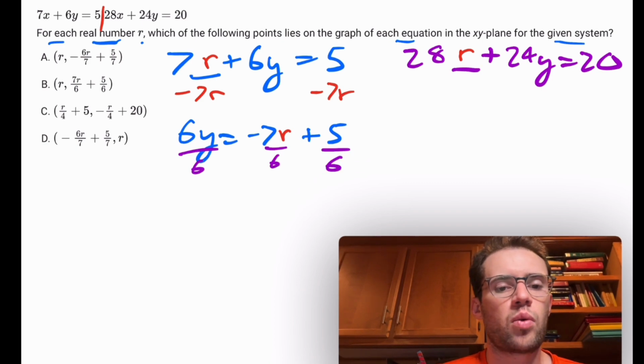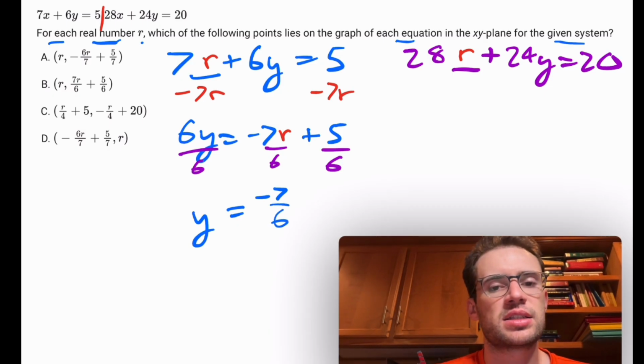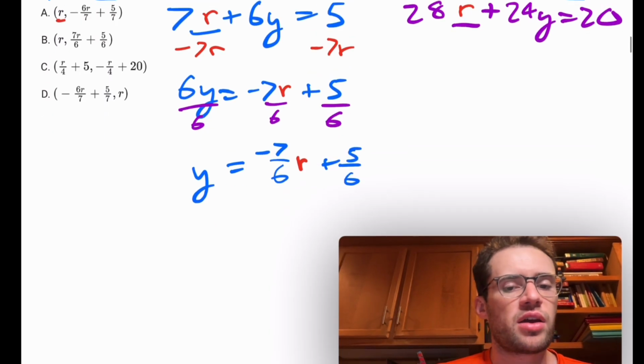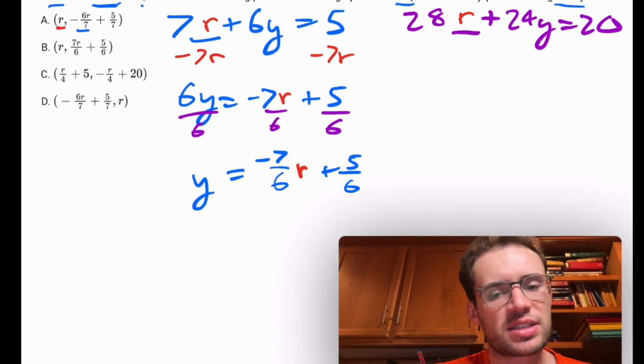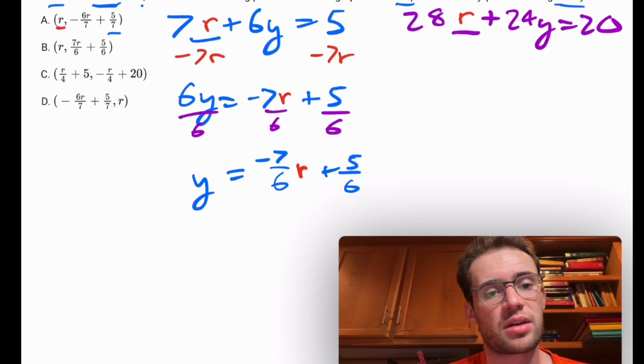And we get y, right, because 6 over 6 is 1. So y equals negative 7/6 times r, or you can think of it as times x, because that is our x value, plus 5/6. Okay, so is that the y value that we have here? Negative 6 over 7r. No, they have the reciprocal of the answer, and they do plus 5/7 instead of plus 5/6. So it's not A.